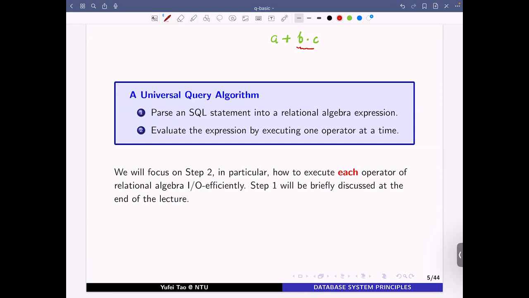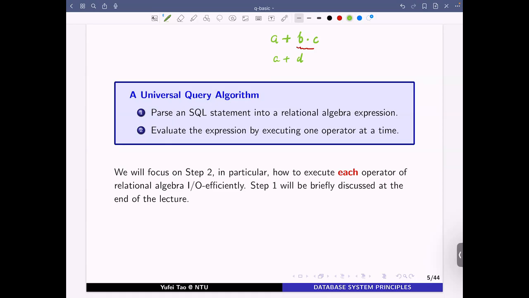After computing this part, you replace it with its output. Let's say the output is D, numbers in, number out. So B and C are the numbers in, and D is the output. Now the expression gets simplified, and you have this A plus D there, which you can evaluate as the second step, and then you get the result.